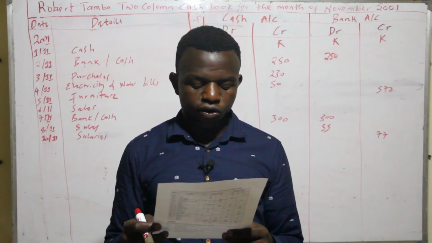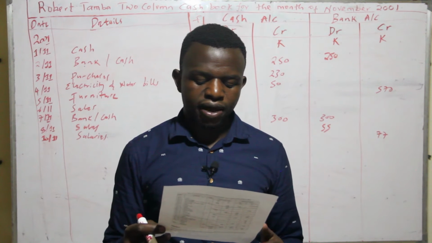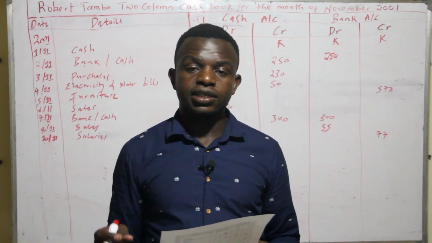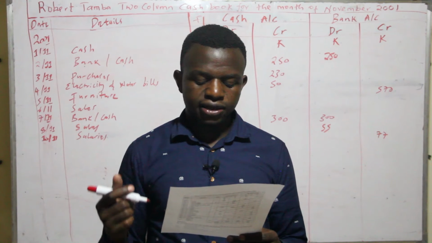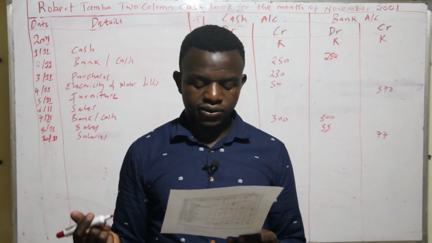Then on the 13th of November, withdrew 400 kwacha from bank for office use. So this type of transaction is a contra entry transaction, and that means that cash is going to be debited and bank is going to be credited.